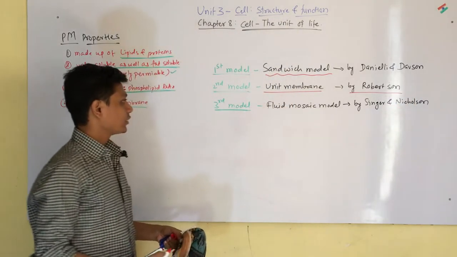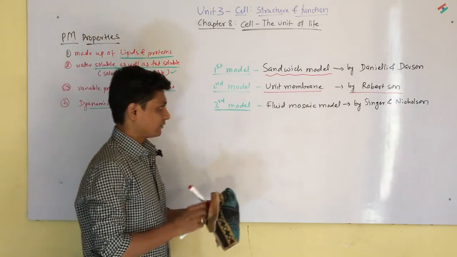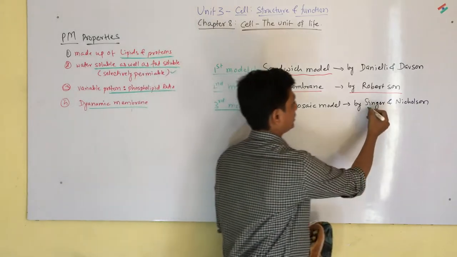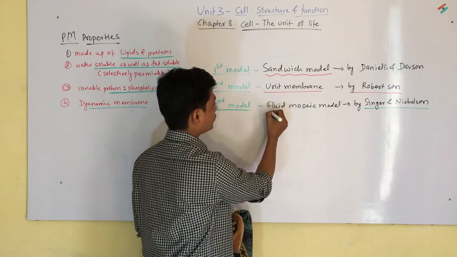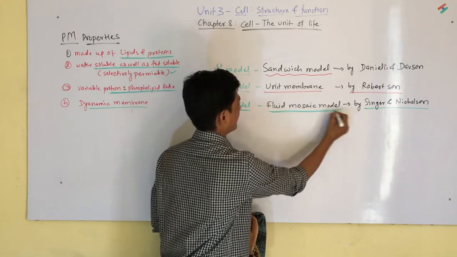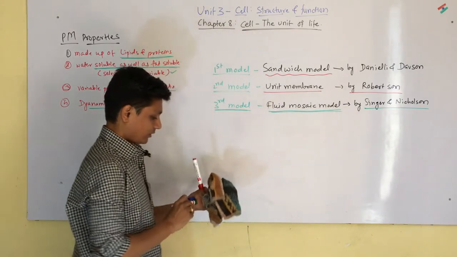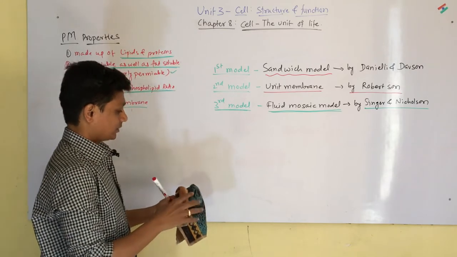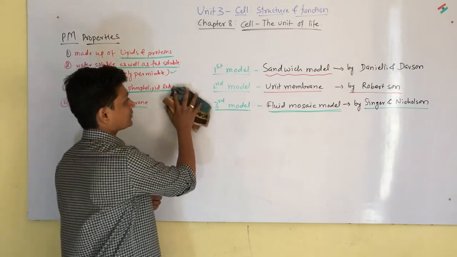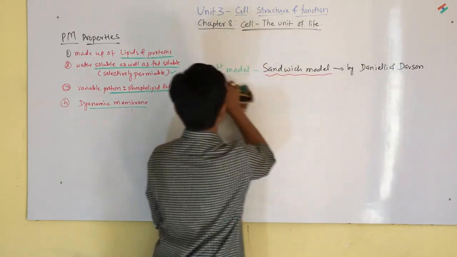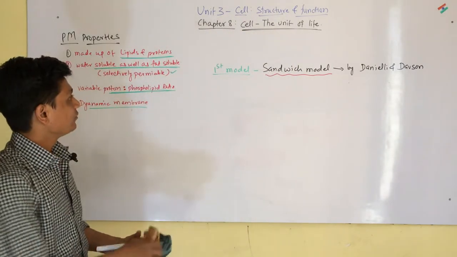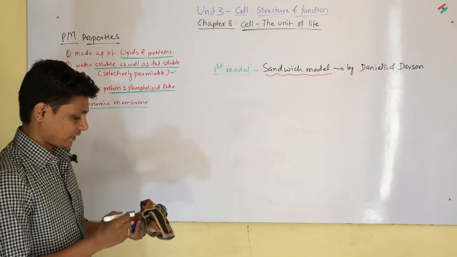And the third model is given by Singer and Nicolson, and the model name is the fluid mosaic model. These are the 3 models we are going to study. We will start with the first one, the sandwich model, given by Danielli and Davson.